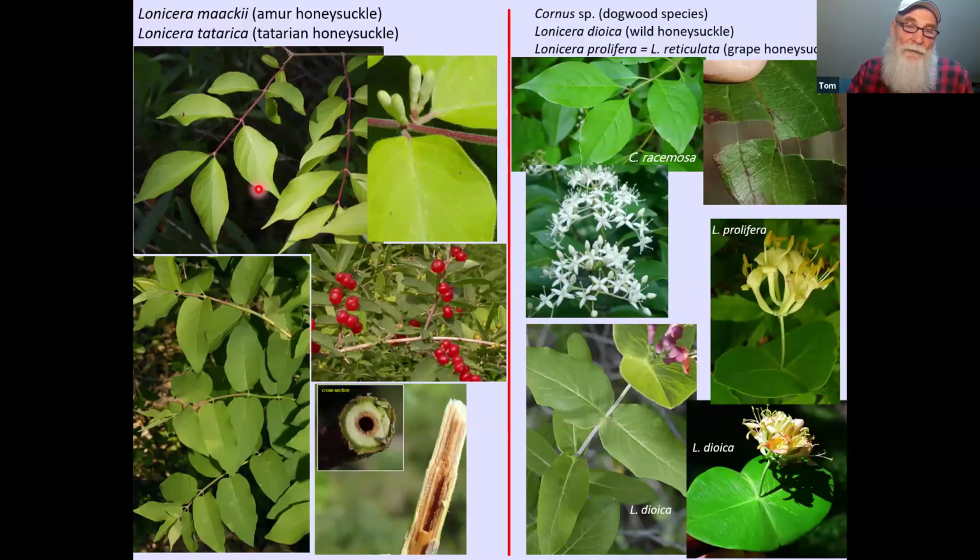One difference between these two, other than the leaf shape, is that the flowers in Amur honeysuckle are sessile, whereas the flowers in Tatarian honeysuckle have little pedicels that are longer than the petiole of the leaf that they are in the axil of.